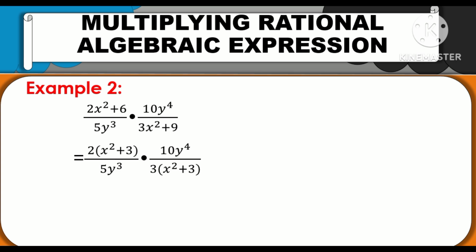So 3x squared divided by 3 will become x squared, and 9 divided by 3 will become 3. There are common terms here. So we need to cancel out in our step 2.